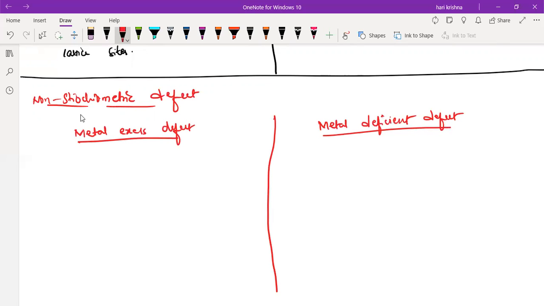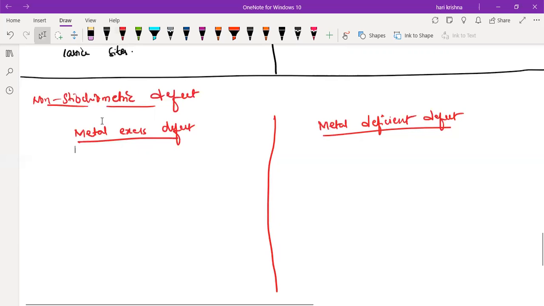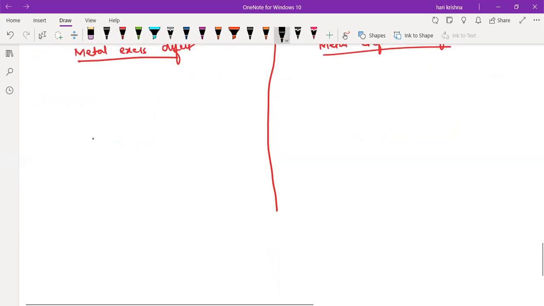So what is the meaning of metal excess defect? Listen here, I'll explain the diagram.